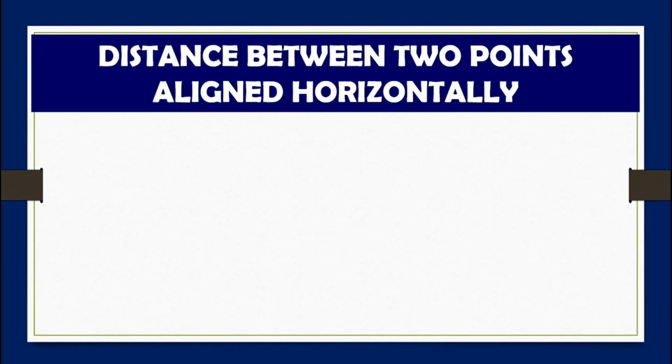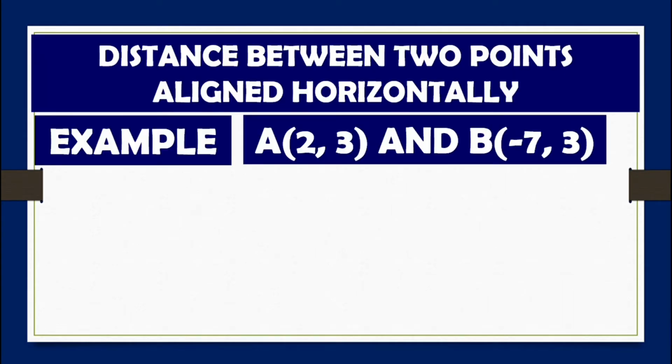Let's have some of the examples. First, if point A has a coordinate of 2, 3, and point B has a coordinate of negative 7, 3, here, y sub 1 coordinate and y sub 2 coordinate is equal. They are both equal to 3. In this case, our formula is D is equal to the absolute value of x sub 2 minus x sub 1.